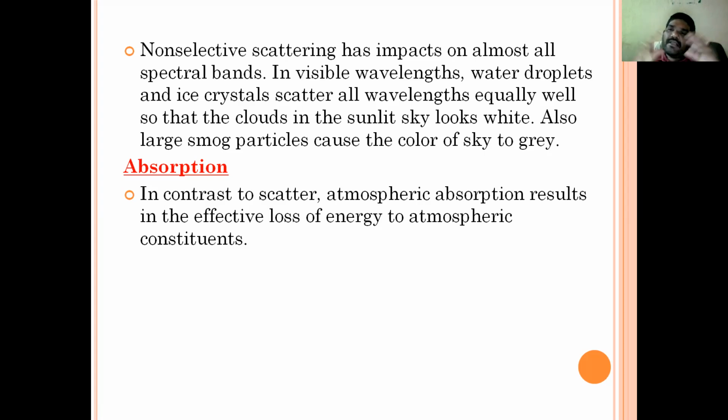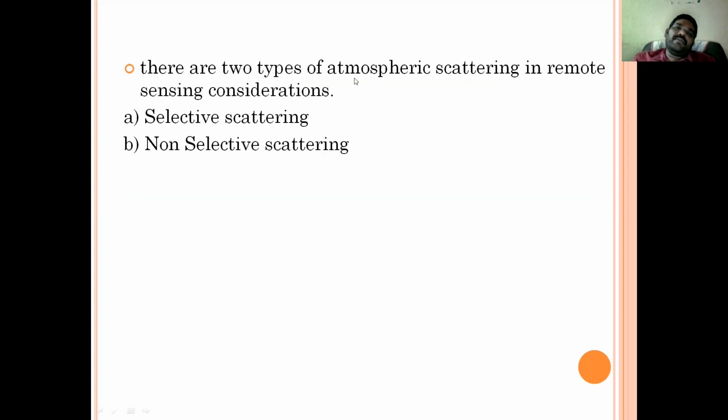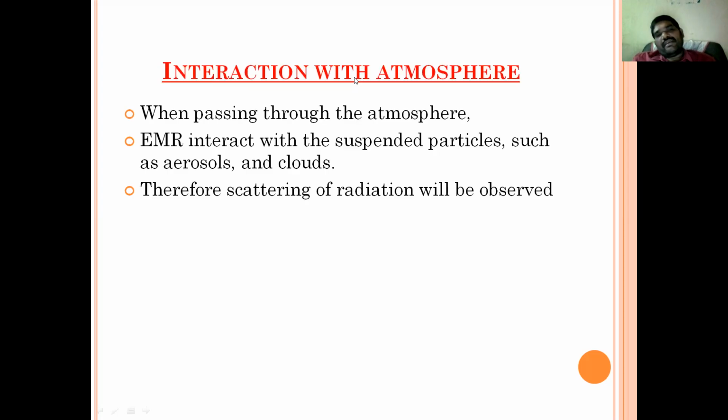See here, we are discussing the interaction of EMR, electromagnetic radiation, in the atmosphere, and we discussed that the radiation is being scattered. I am asking you now, can you observe only scattering, or is there anything else that can take place in the atmosphere to the reflected energy, the emitted energy, or the incident energy?